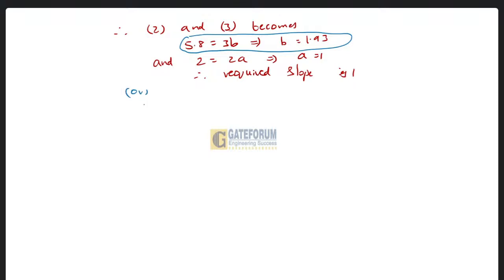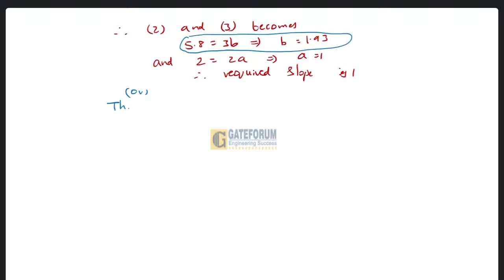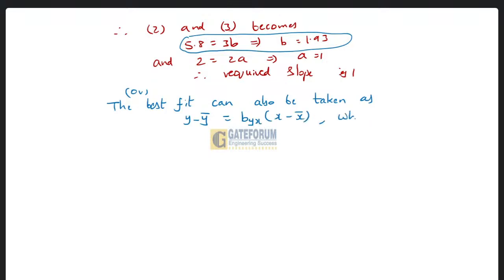or what we can take, this is the best fit. The best fit can also be taken as y minus y bar is equal to vyx into x minus x bar. What are x bar, y bar? X bar means 1 by n sigma x, that is average of x values. Y bar means 1 by n sigma y, average of y values.